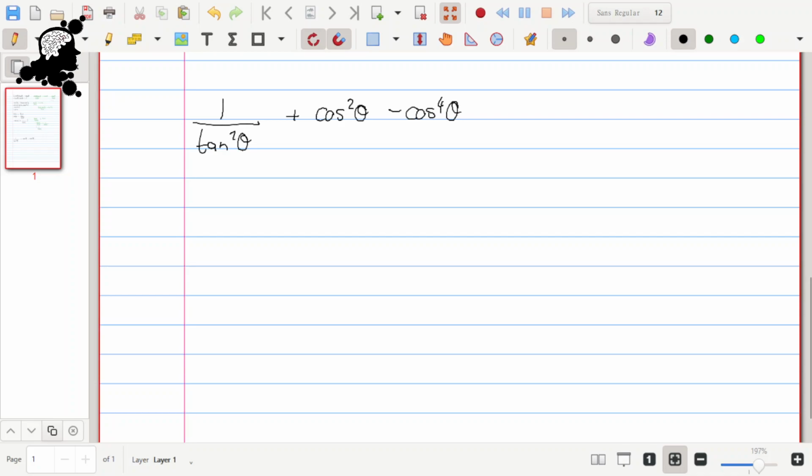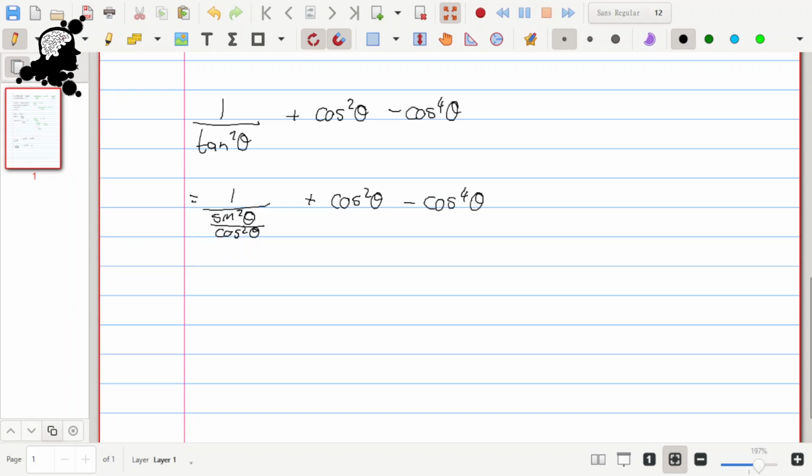Now we know from the quotient identity that tan squared theta is the same as saying sine squared theta divided by cos squared theta. Plus, let's leave the other two terms as they are, cos squared theta minus cos to the power 4 theta.